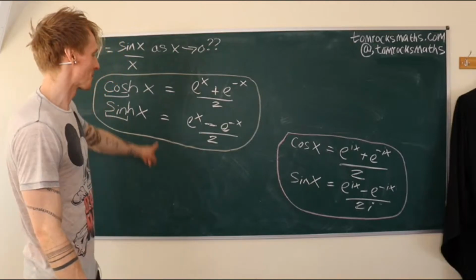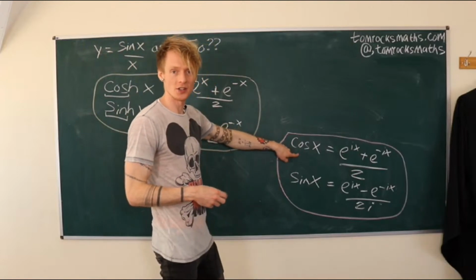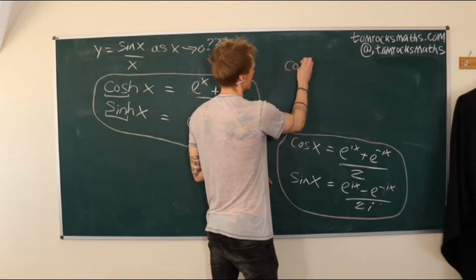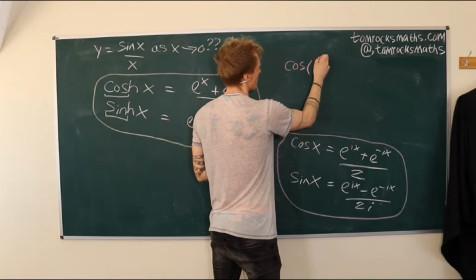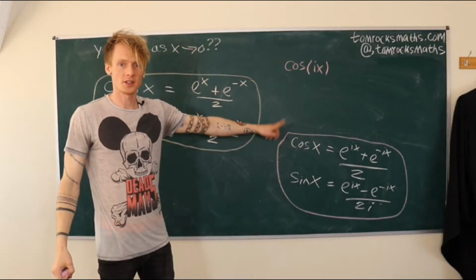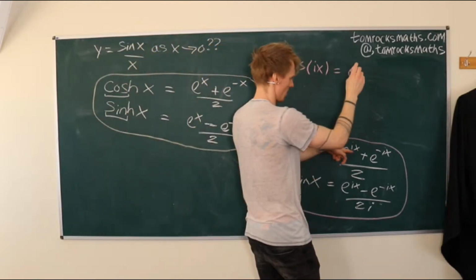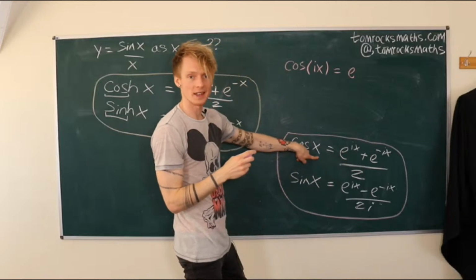Well done. So there are different ways to think about it, but what I'm going to do is start with cos and then say, if I consider cos of ix, and then just use my formula. So cos of ix is equal to e of i times the thing in the cos.